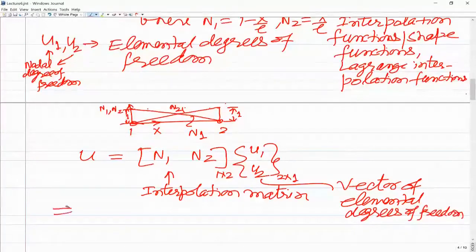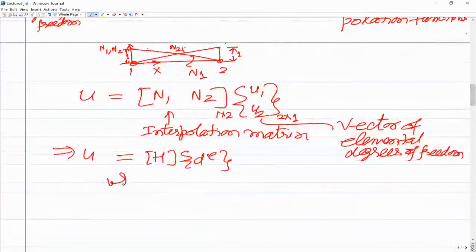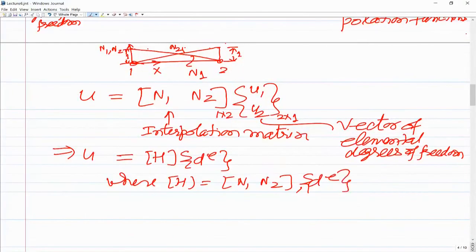So we can write this using the notation. This is known as H, and the other vector we write as d e. H is this row n1 and n2, and d e is the vector of elemental degrees of freedom.